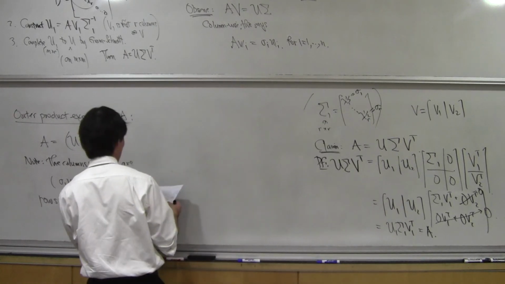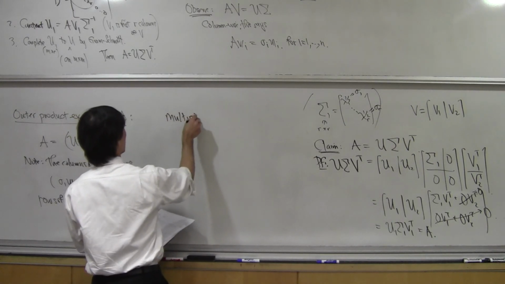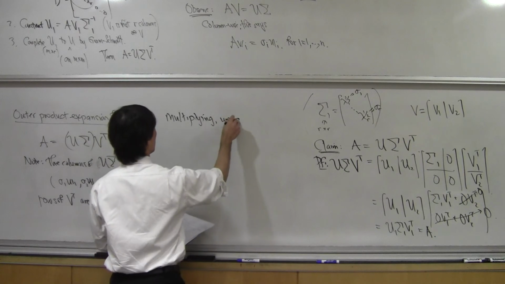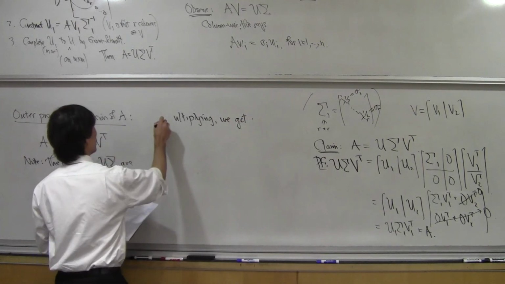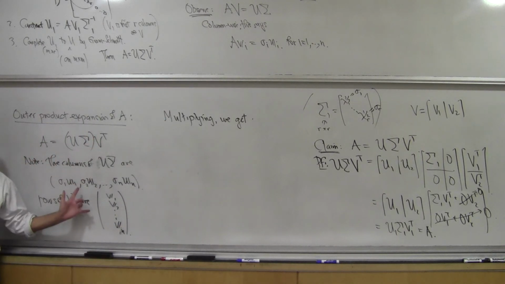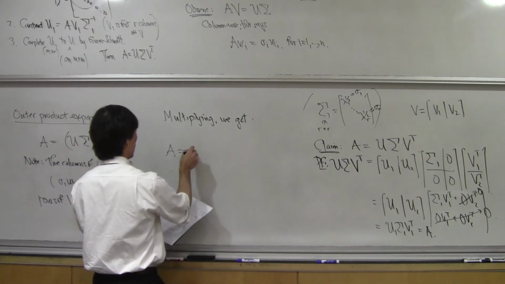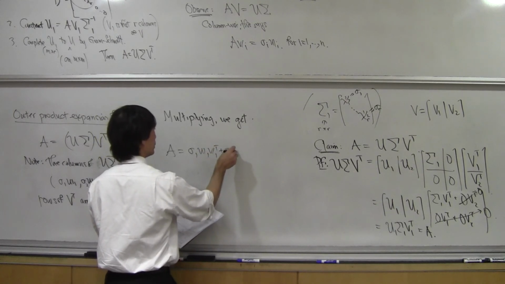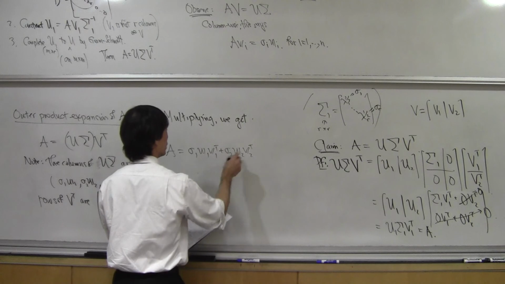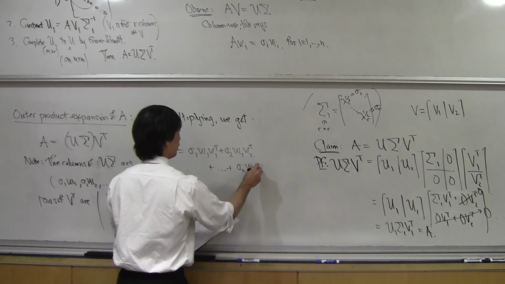If you multiply these two things together, these columns and these rows, what you get is that A equals sigma 1 U1 V1 transpose plus sigma 2 U2 V2 transpose plus ... plus sigma n Un Vn transpose.